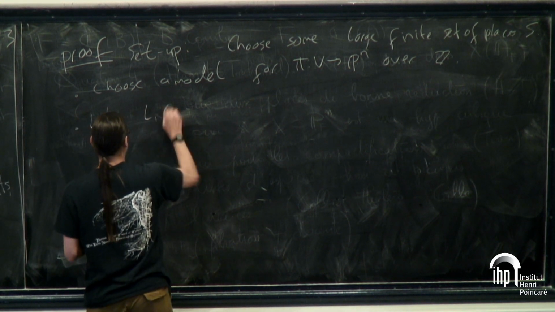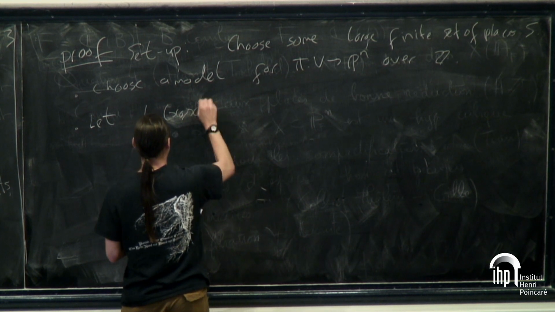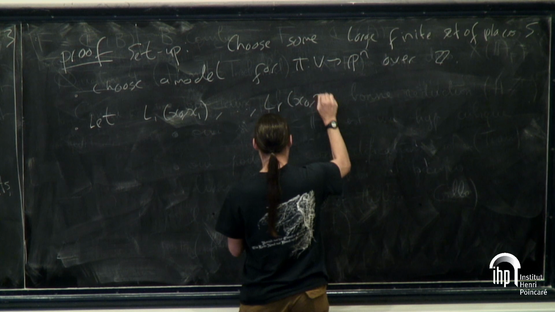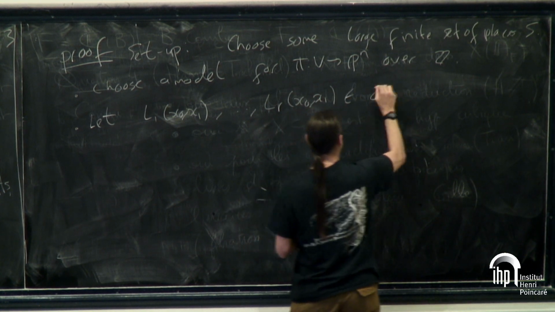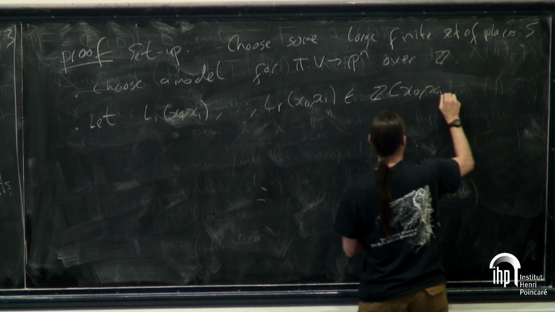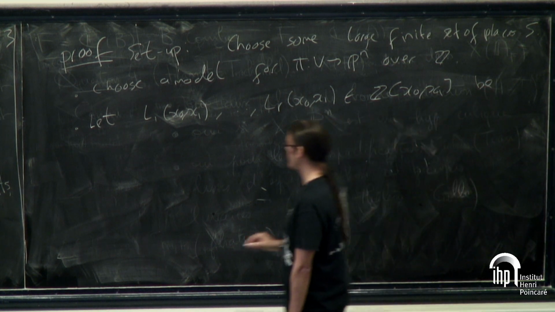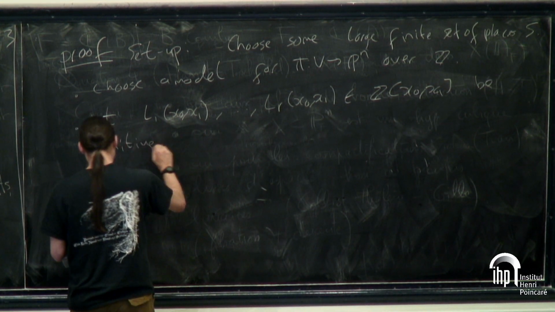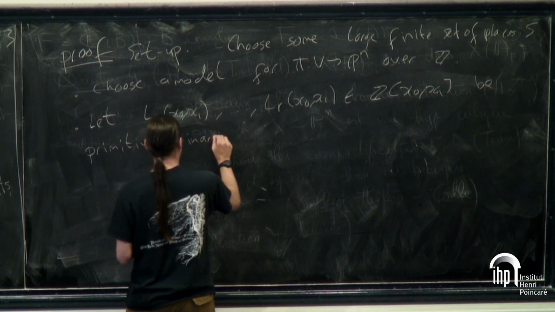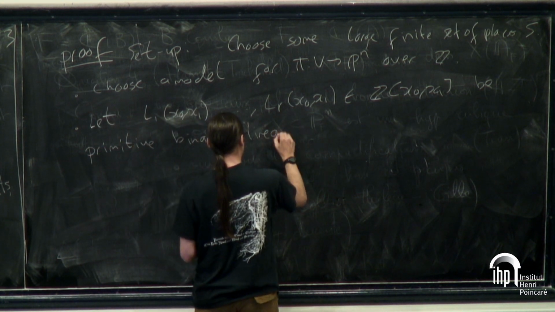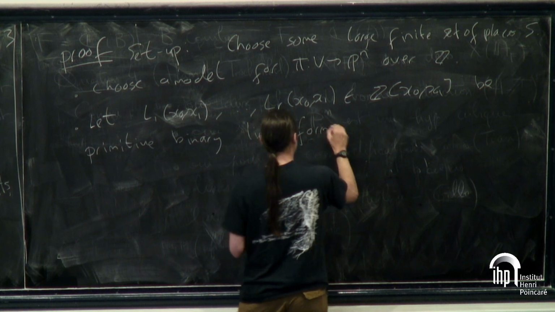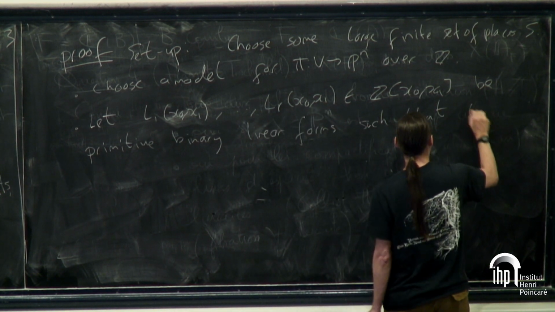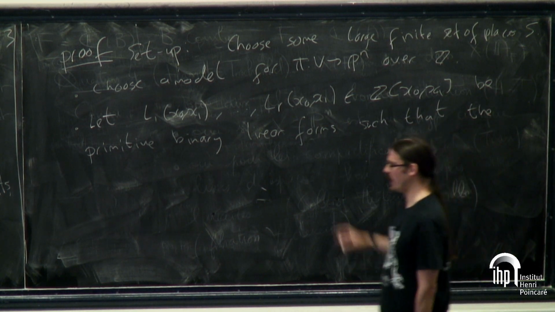Cool, and I'm going to let L1(x0, x1) up to LR(x0, x1) be primitive binary linear forms such that, my assumption 3 was all the non-split fibers lie over rational points.